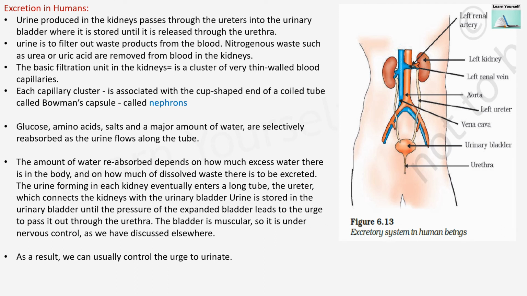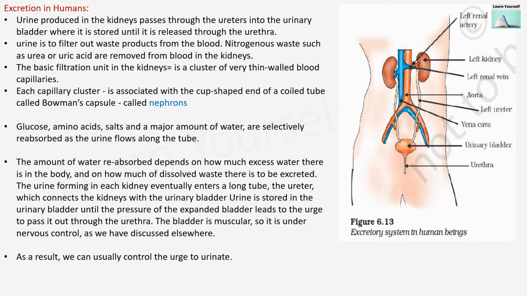Now another important metabolic process in humans is excretion. So here we are going to learn the function of the kidneys and how the kidney will purify our blood, and that will go out through the urinary bladder and we call it urine. So this complete function we are going to learn here.